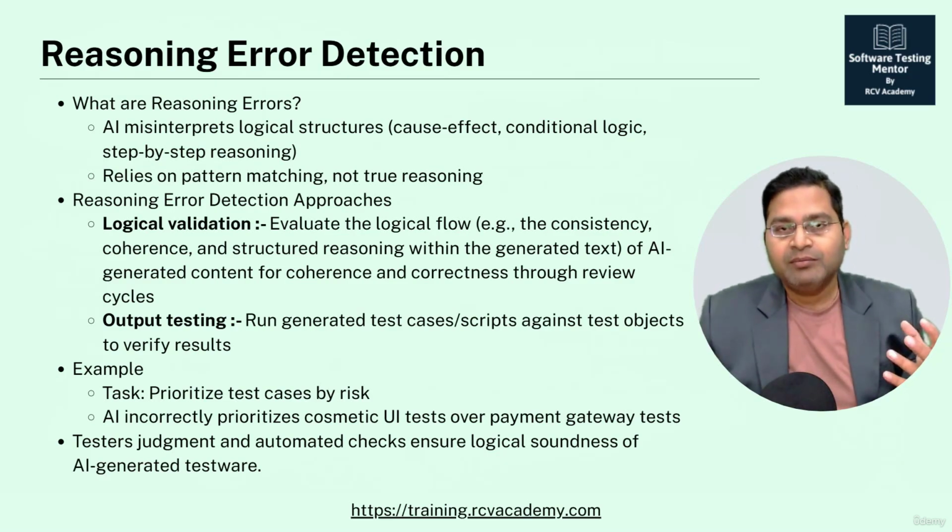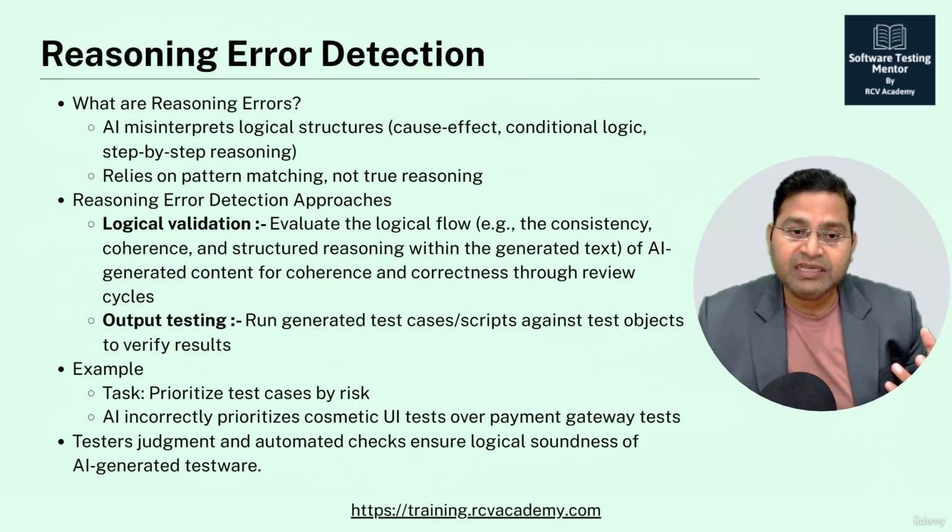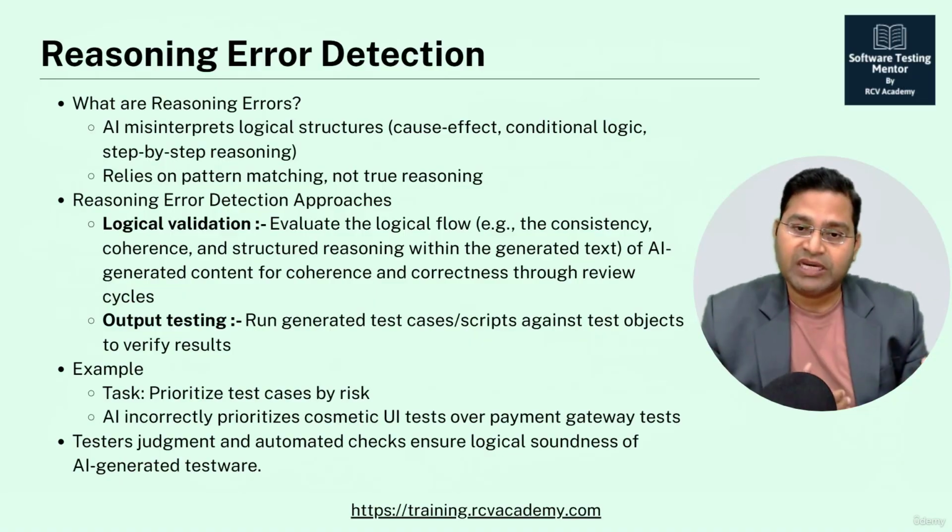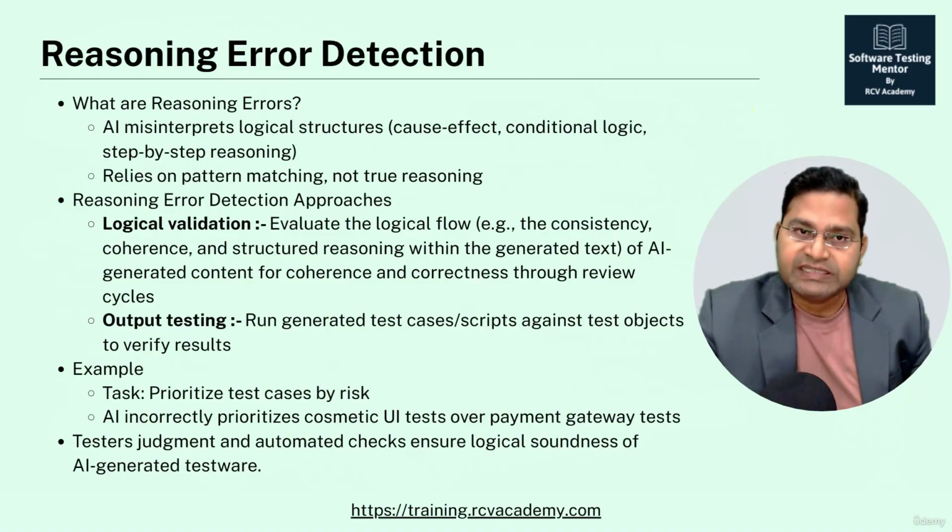But AI might not reason correctly and might prioritize cosmetic UI test cases over payment gateway test cases. So in this case, your judgment as a tester and automated checks ensure the logical soundness of AI generated testware. This is how you are going to detect the reasoning errors.